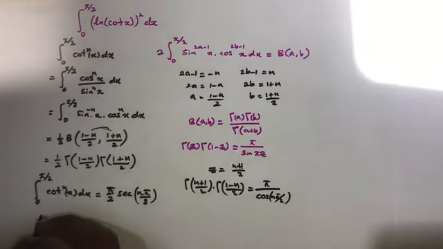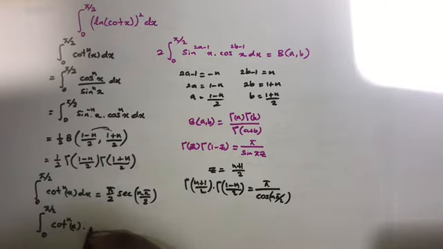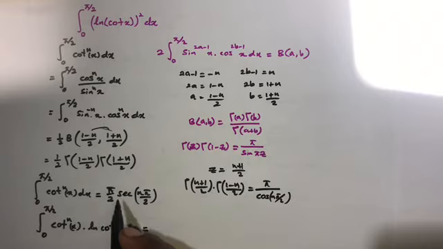If we differentiate with respect to n, we will have cotangent raised to the n of x times natural log of cotangent of x dx is equal to pi over 2.